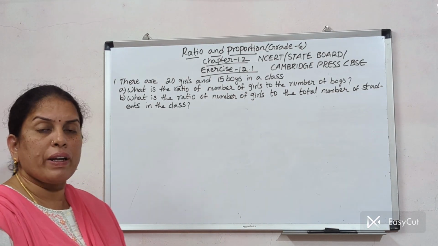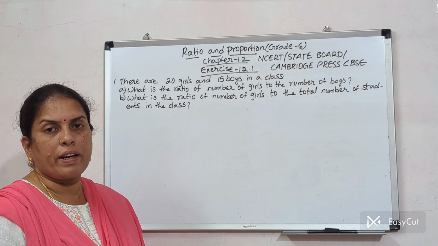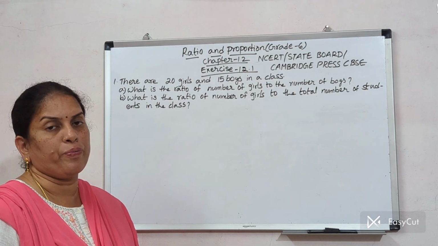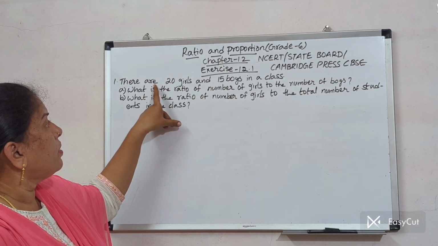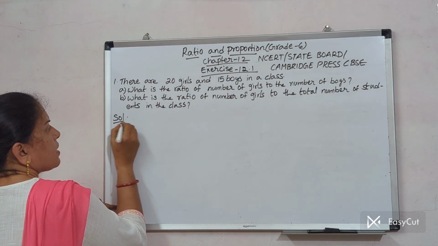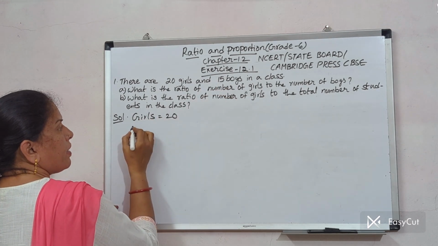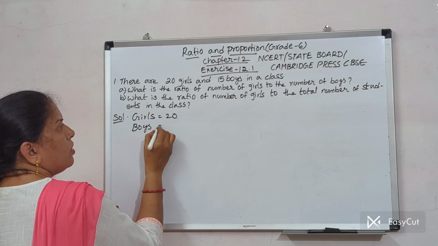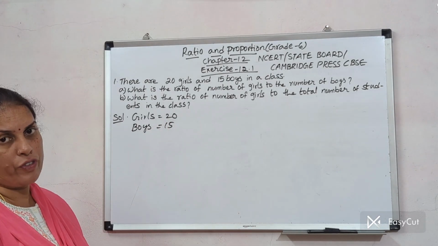In the previous video, I explained to you about a ratio, what the ratio is and how to find it. Now we are going to the question. Girls are 20. Boys are 15. That means 20 girls and 15 boys.